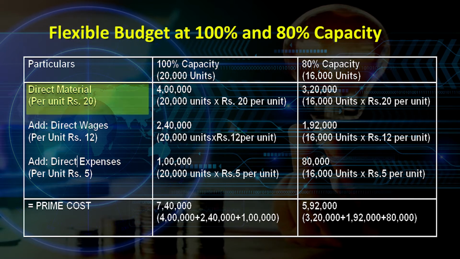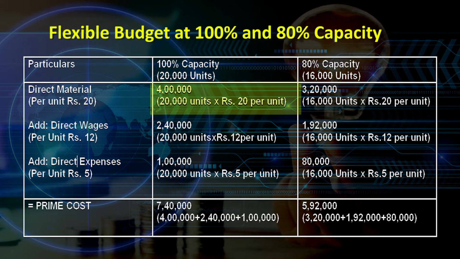The first cost that we shall show is direct material, which is given as rupees 20 per unit. On that basis, let us now understand what will be the direct material cost for 20,000 units. It will be 20,000 units multiplied by rupees 20 per unit, that is rupees 4 lakh, and let us put it in the second column against direct material.